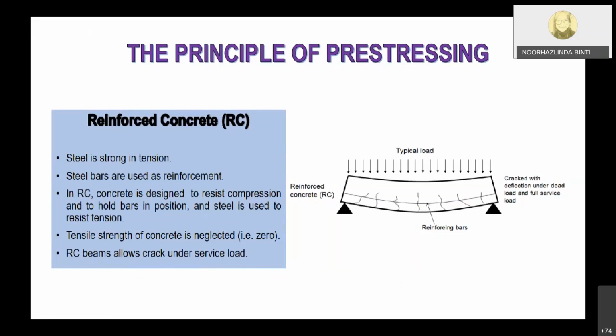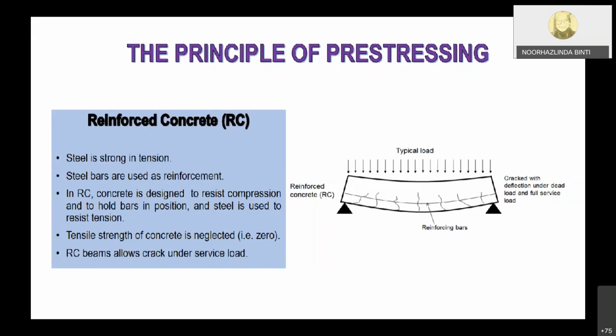Since we want to tackle the problem of tension, usually we will embed that steel bar in the area of tensile. So that's how we try to overcome the problem of the concrete, by introducing a steel bar at the area of the tensile fiber. Yeah? So that's how we have reinforced concrete.